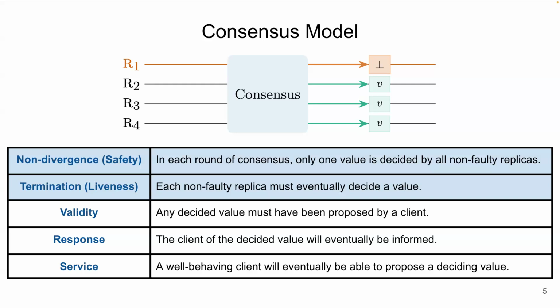And then the service. One of the many definitions of service is that there's some notion of fairness. Eventually, every client can propose a value. So this is day one stuff. Questions? Hopefully now it makes more sense to you.